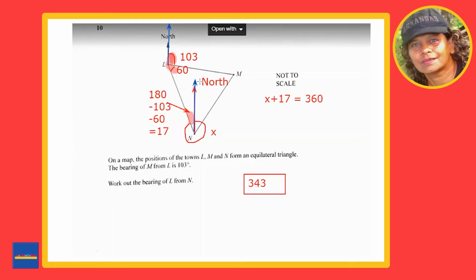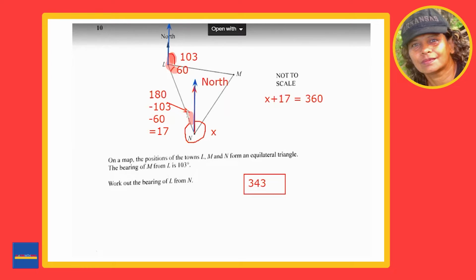Interior angles add up to 180, so 103 plus 60 plus whatever this angle is would be 180. So 103 plus 60 is 163. 180 minus 163 will give us 17. So this angle is 17.